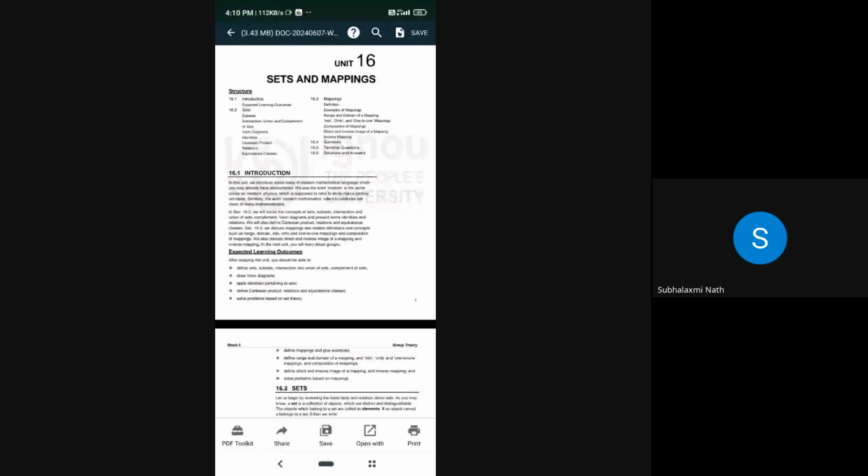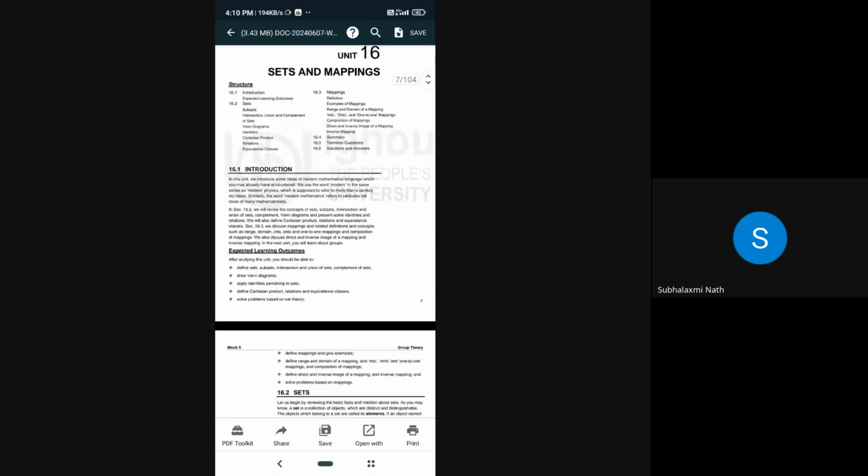So, let us discuss sets and mapping. In your previous learning, you know about what is a set, subset, how intersection takes place. You can have union of sets, complements, Venn diagram, and identities and different relations in this set.